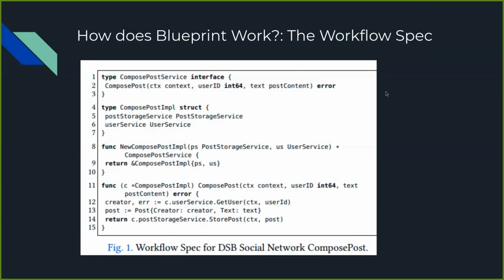And in Go, interfaces are duck typed, so all you have to do is implement functions with the right signature, which this syntax here specifies on a compose post impl. Okay. So that's like the self or this parameter. This is the compose post function. Got it. And the other function, new compose post implementation, it's for initializing it? Yeah, that's a constructor. Okay, cool. Awesome.